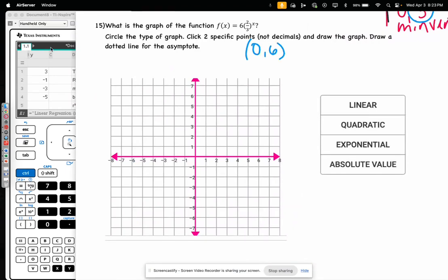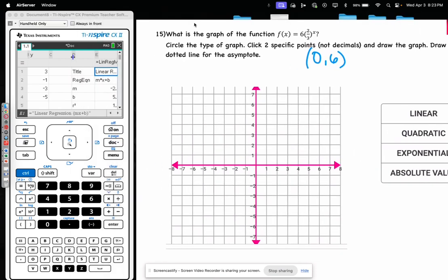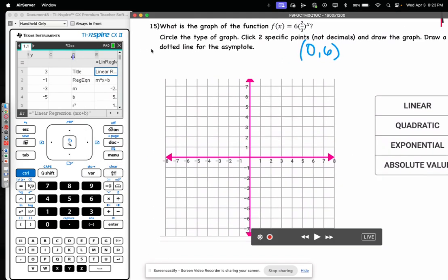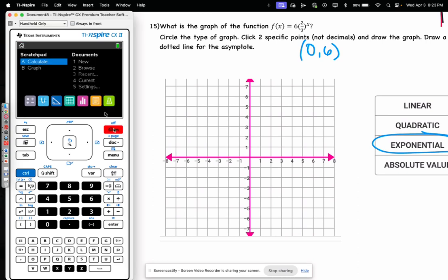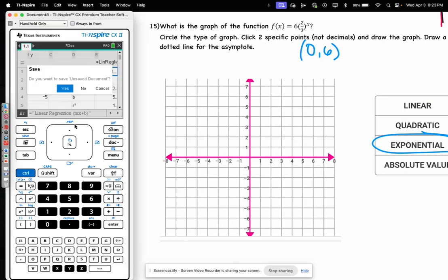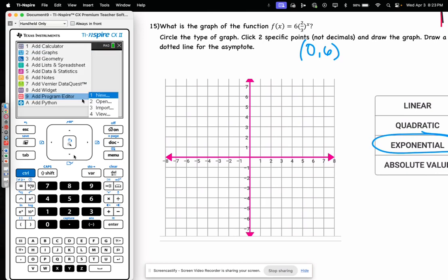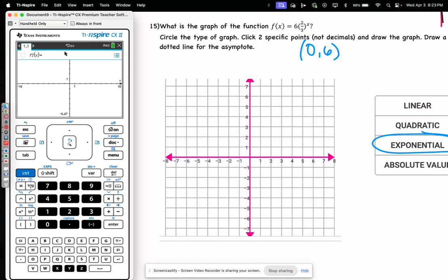Now, what you could do is, first of all, I'm going to circle exponential. I forgot to do that. You could come and use the yellow calculator because that is going to give you a table as well. You can also get a table with the Desmos, and I'll show you that as well.